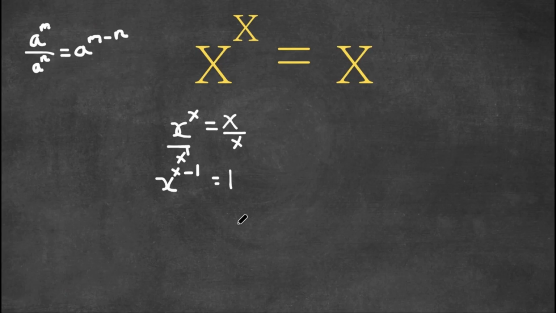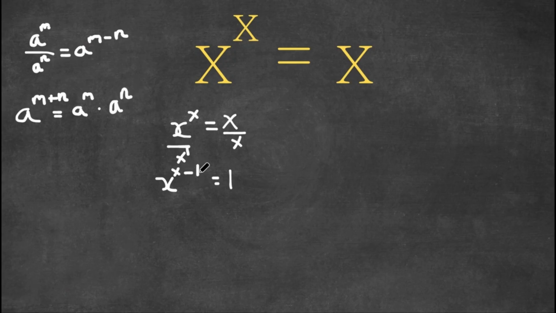Before I rewrite this, another important property of exponents is that a to the power of m plus n is equal to a to the power of m times a to the power of n.